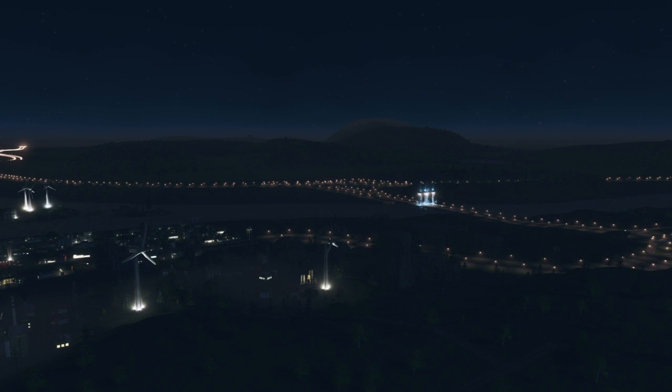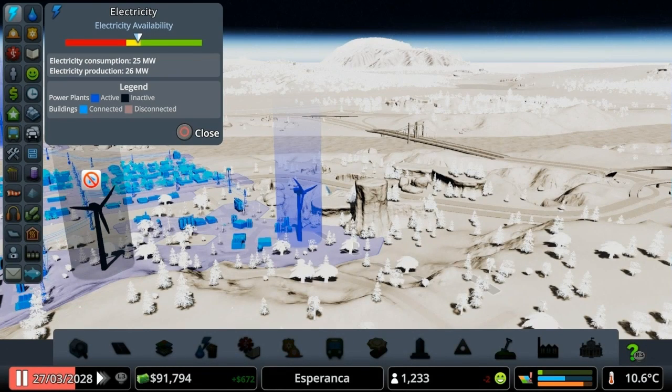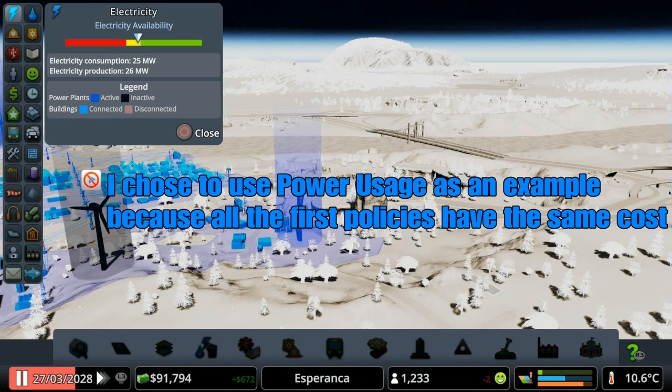They all have the same cost with different benefits. Should we activate the first policies? Let's see before applying the policy. In this scenario, it looks like this.